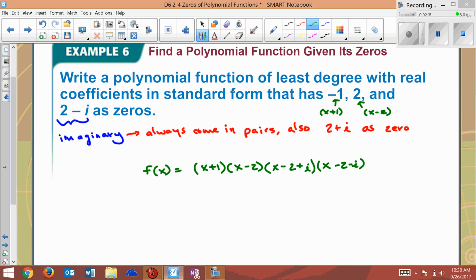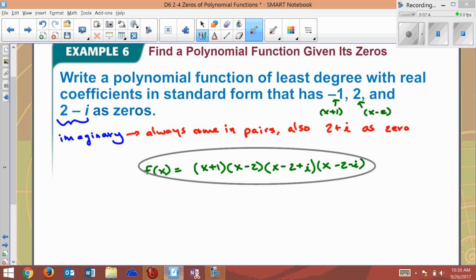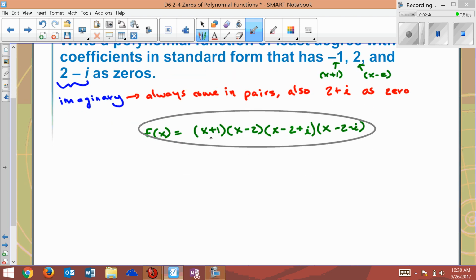Now that's the simplest way of writing the equation. And by the way, if you ever need to just take a shortcut, you could do it like that. However, you could also write it out and simplify it, and the i would disappear. Let me show you.